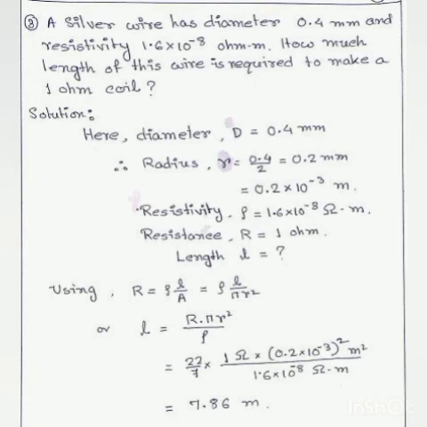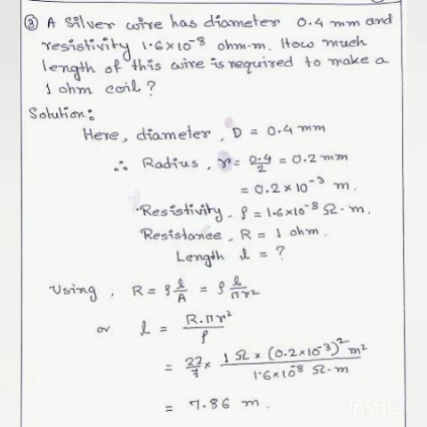So radius equals 0.2 × 10^-3 meter. Now resistivity rho equals 1.6 × 10^-8 ohm meter, and resistance is given R equals 1 ohm, and length we have to derive here.